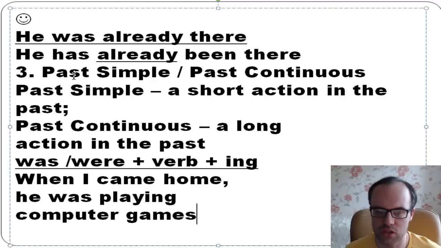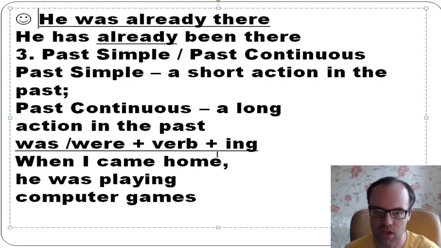So which action is long and which action is short? I came home, it's a short action. And was playing is a long action. So he was playing, and then suddenly I came.